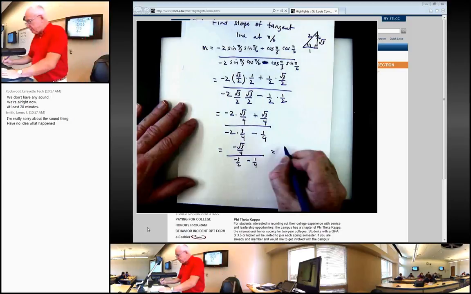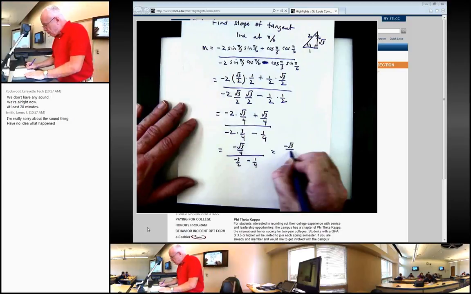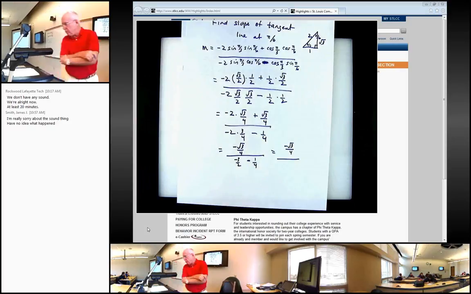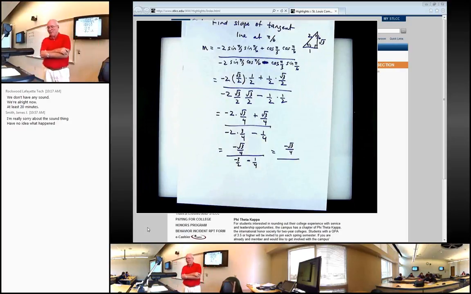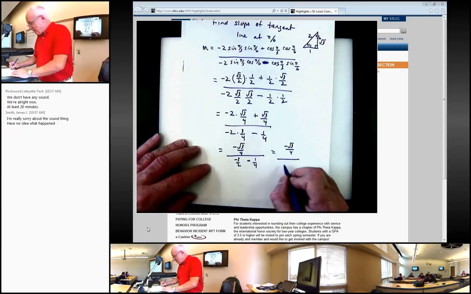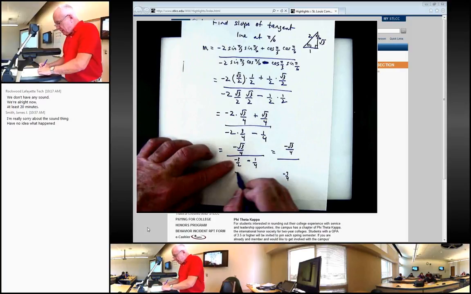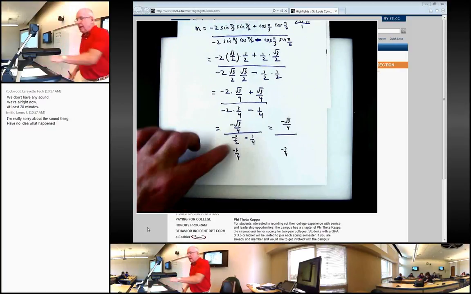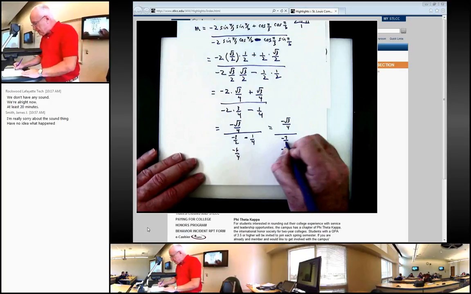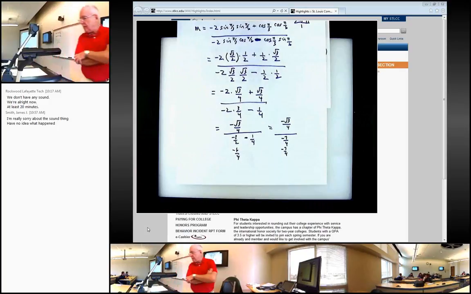Okay, we could do that. So we have minus square root of 3 over 4 over, and what will we end up with there? Negative 7 over 4, right? Because we're going to have negative 6 over 4 minus 1 over 4, so we're going to have minus 7 over 4 in the denominator there.